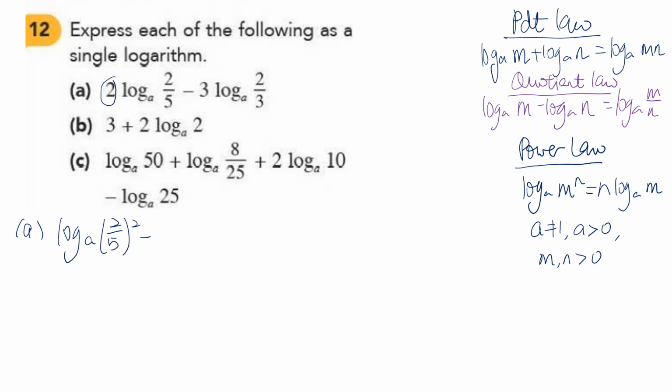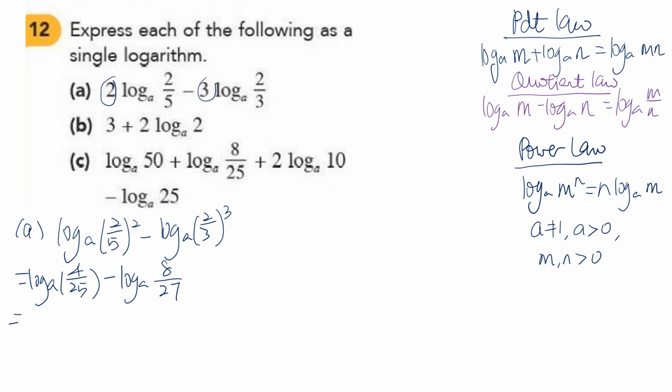Right, so likewise, I'm going to bring this 3 up. So that means I'm going to cube the whole of 2/3, so I need to bracket it. Okay, I'm going to simplify further. So 2/5 times 2/5 will give me 4 over 25. And then 2/3 times 2/3 times another 2/3 will give me 8 over 27.